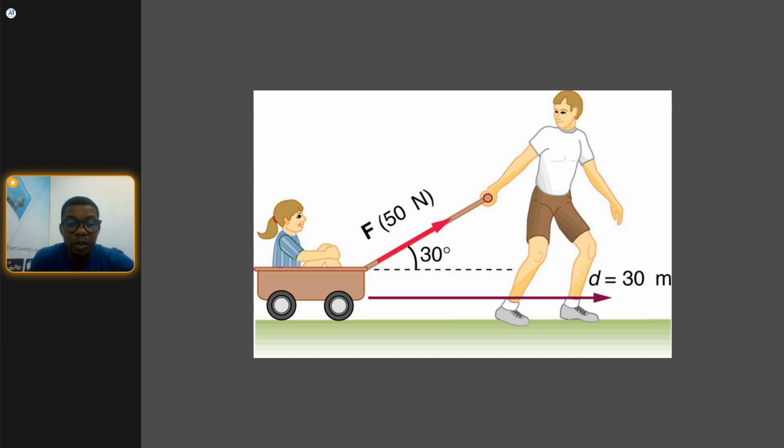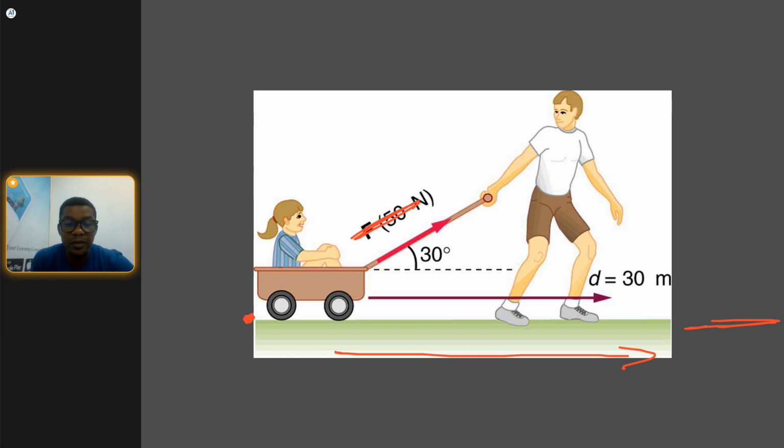Okay, look at the picture. He is moving while he's dragging this particular load, and he applied the force, he covered a distance of 30 meters. So is this also work done?